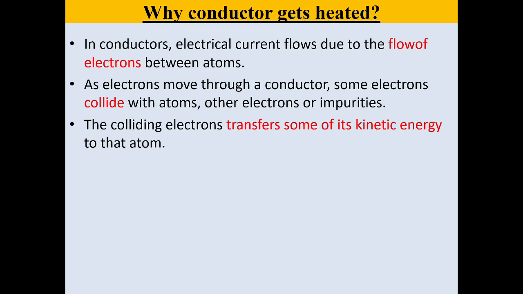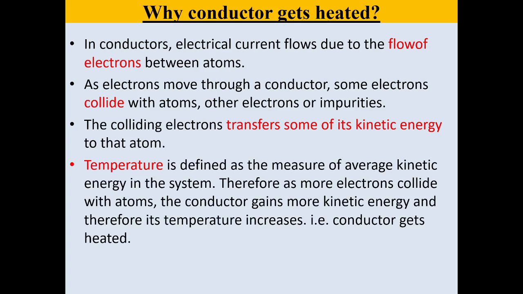The colliding electrons transfer their energy to that atom during this collision, and we know that temperature is the measure of average kinetic energy in the system. Therefore, as more electrons collide with atoms, the conductor gains more kinetic energy and therefore its temperature increases. That's why we say that the conductor gets heated.